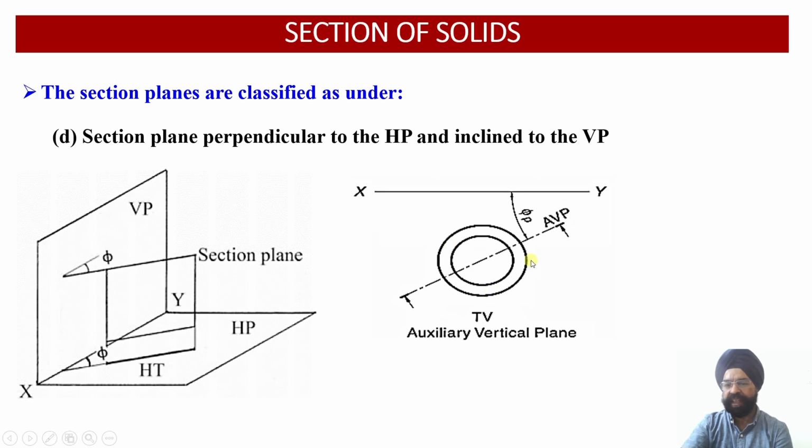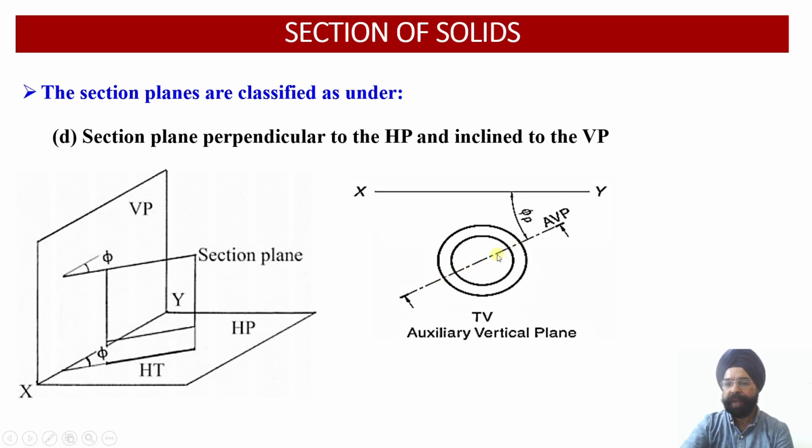Here we have a cylinder which has been cut by a cutting plane which is perpendicular to the horizontal plane and inclined to the vertical plane. Since the cutting plane is inclined to the vertical plane, the front view projections obtained over here on the vertical plane, above the XY line, will provide me the apparent shape of this cut section.